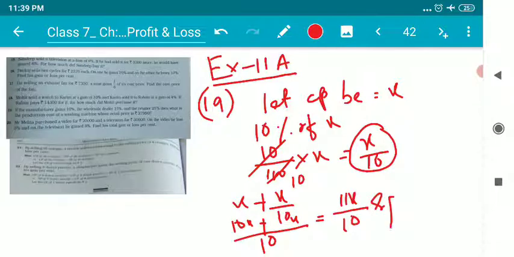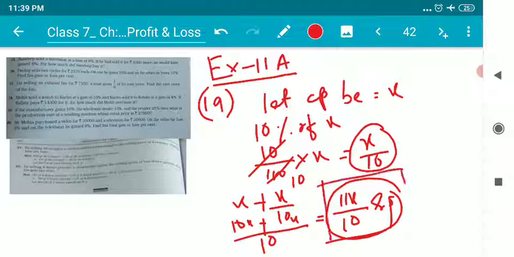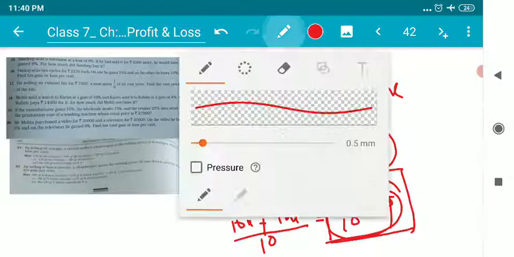This is the selling price of the manufacturer, but the buying price of the wholesaler. Yes or no? Because at this price the manufacturer is selling the product, and the wholesaler is buying at this amount. So the cost price for the buyer, the wholesaler, will be 11x by 10.